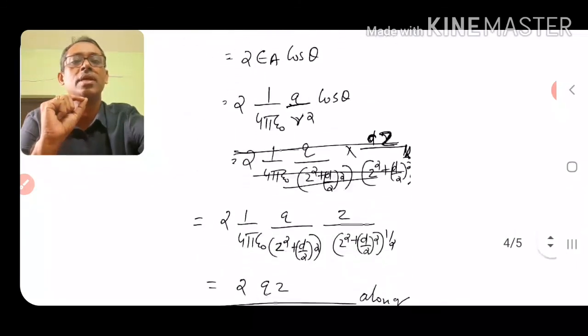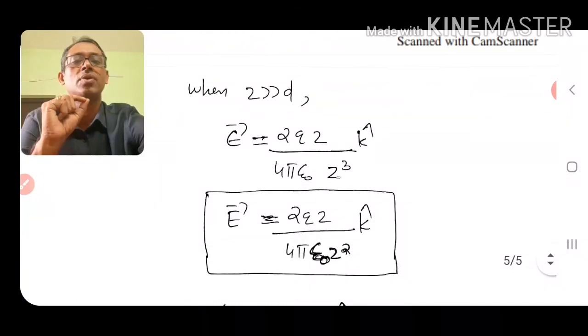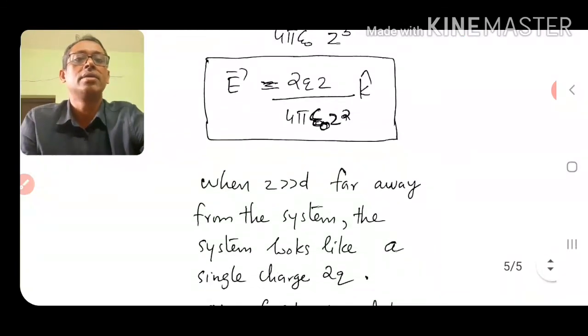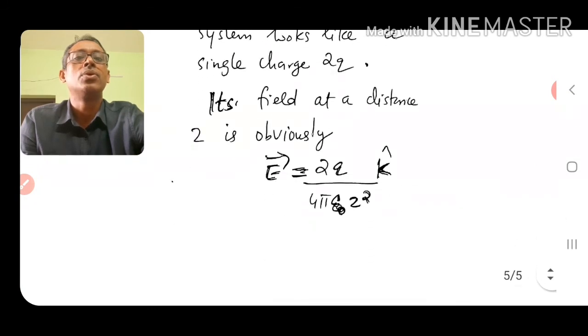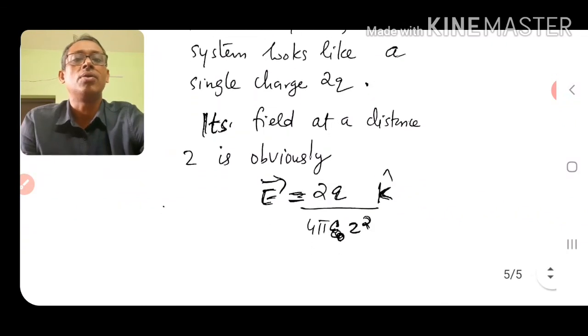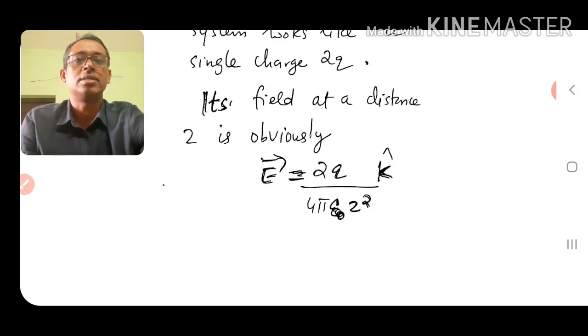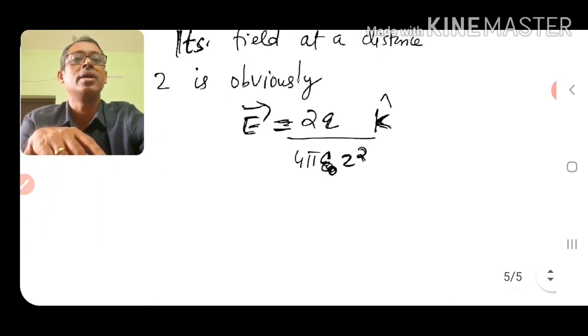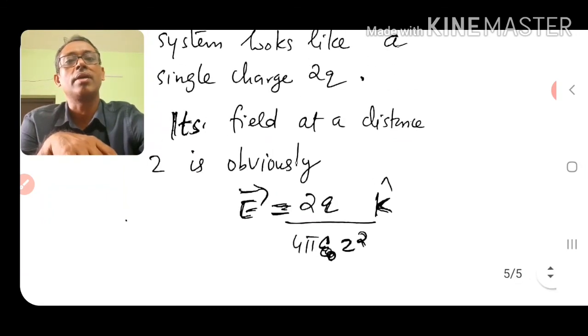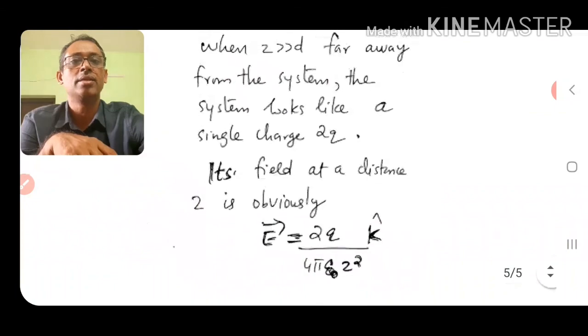The corresponding expression for the electric field due to a 2q charge at a distance z is 1 by 4 pi epsilon 0 2q by z square, k. So we are getting exactly the same result.